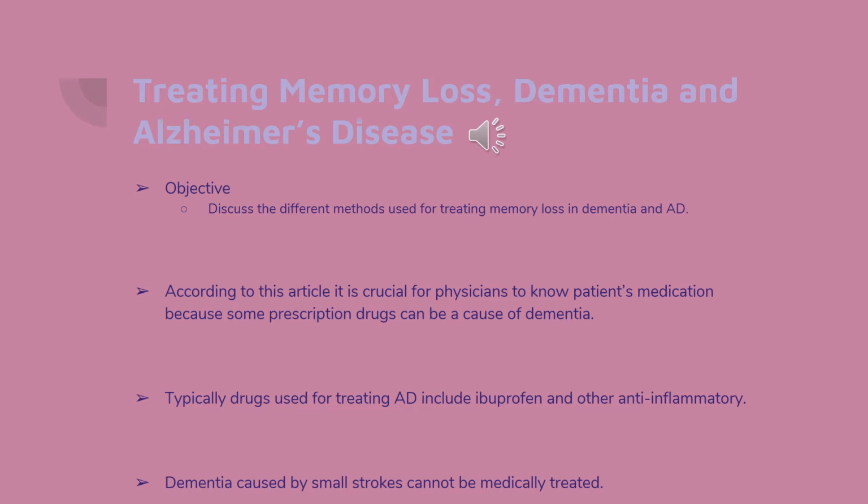Typically, drugs used for treating Alzheimer's disease include ibuprofen and other anti-inflammatory drugs, which I had no idea could be a benefactor when trying to slow down the progression of Alzheimer's disease. However, dementia caused by small strokes cannot be medically treated.